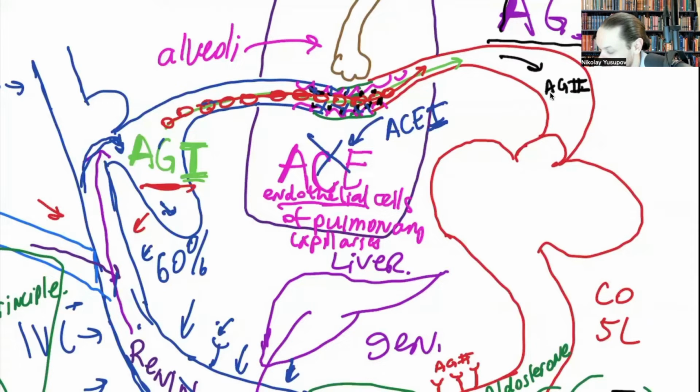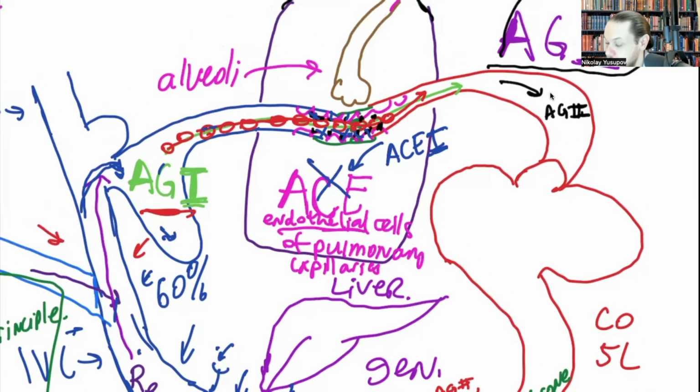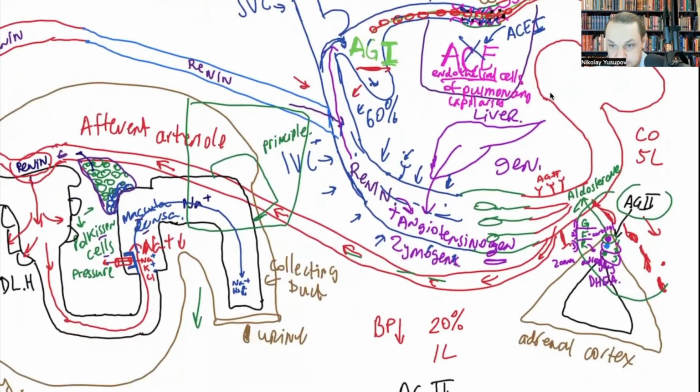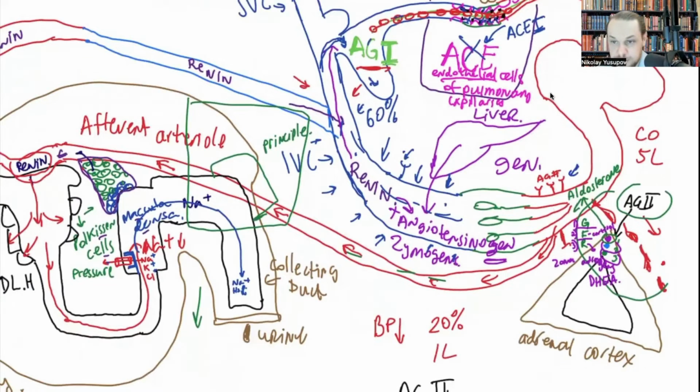So angiotensin converting enzyme inhibitors like captopril, enalapril, lisinopril act on this enzyme and stop it from converting angiotensin 1 to angiotensin 2. Now if we do not have angiotensin 2, are you going to get vasoconstriction? No, because angiotensin 2 is no longer there.